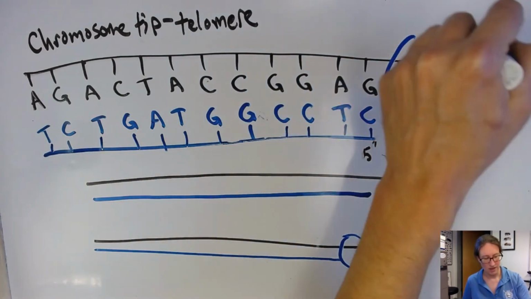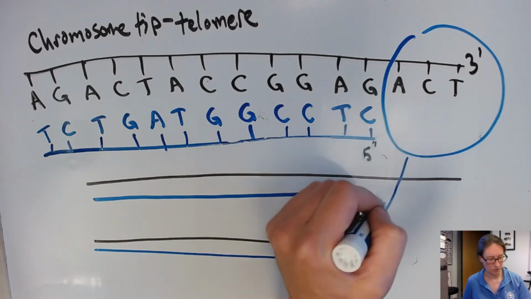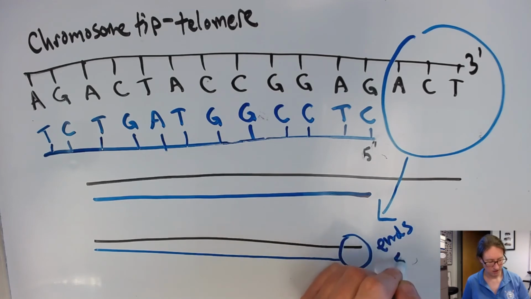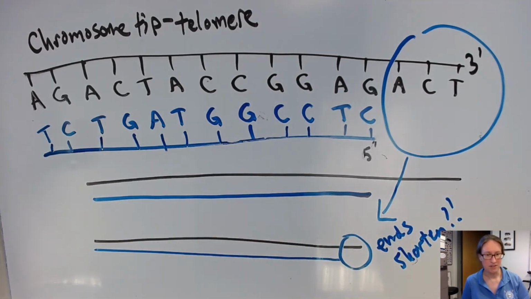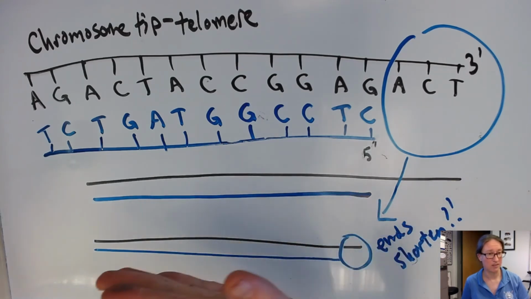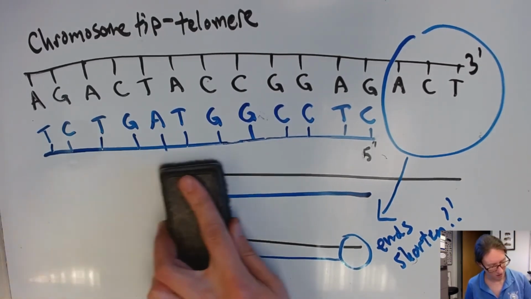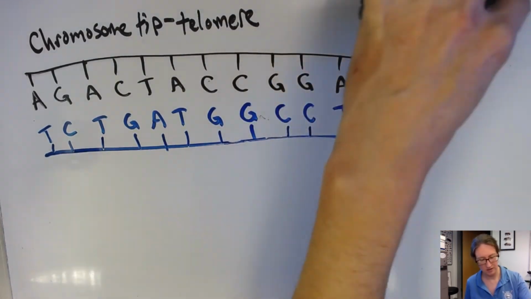And so each time this molecule goes through replication, the ends would wind up shortening. So pretty soon that's going to start chewing through DNA or through genes on this chromosome. That's a problem.